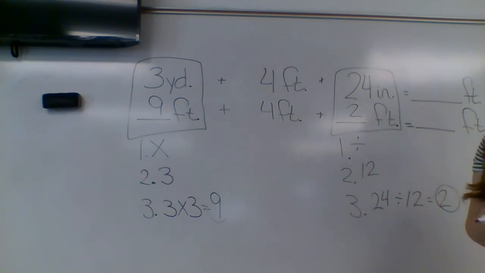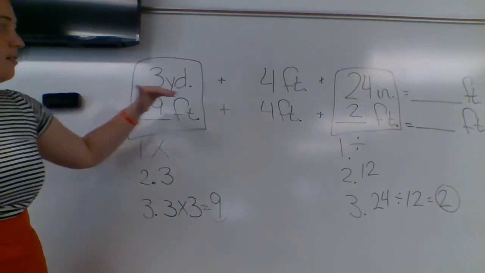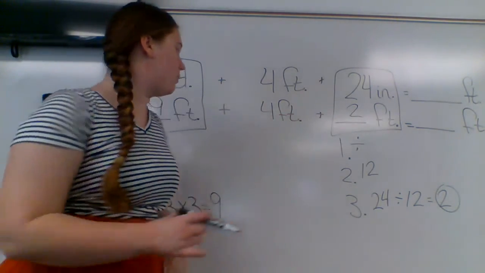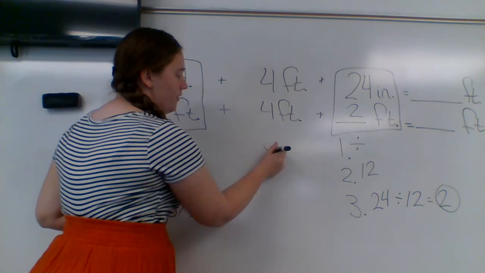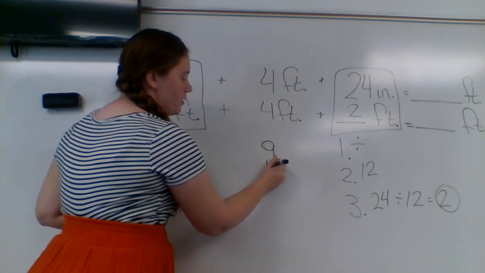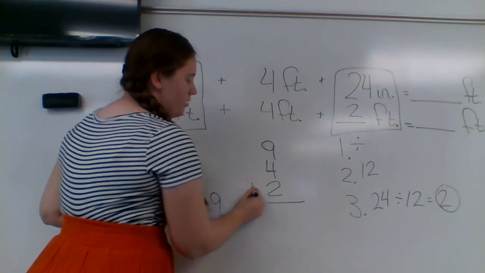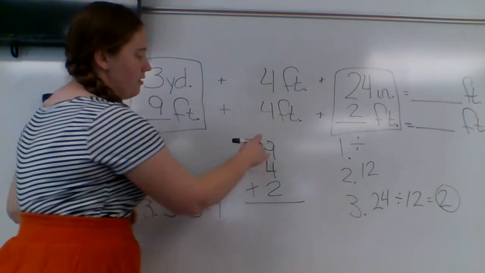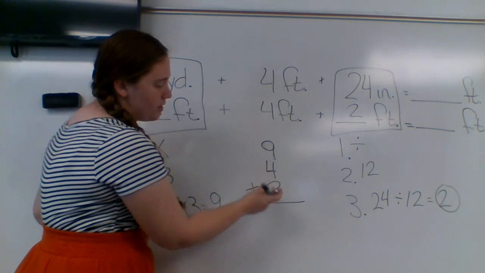And now I only need to do the math. So let's go ahead over here. We have 9 plus 4 plus 2. Add those together. 9 plus 4 is, let's see, I believe it's 13, 14, 15.